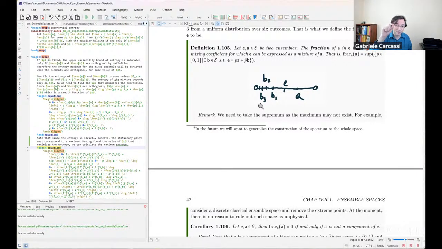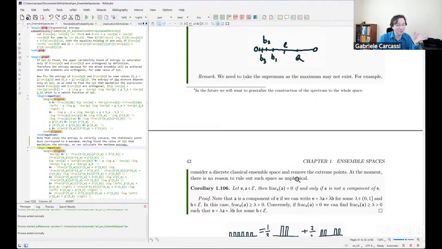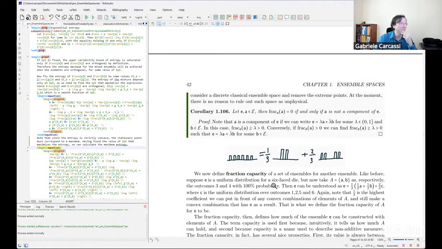You can make approximations that go closer and closer to zero entropy, but you can never get zero entropy. If that's the case, then the boundaries of the ensemble space are open, so you can never get them. And therefore, we can't really just say that there is a maximum. We can say there is a supremum. The supremum is always going to exist. And so that's why we use the supremum and not the maximum. Maybe in 6 months, we'll figure out that can't happen for some reason, and then we'll go back and say, you know what, we can just put the maximum. But you have to start being conservative.